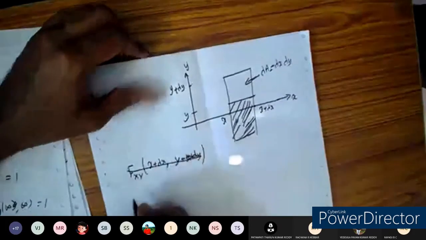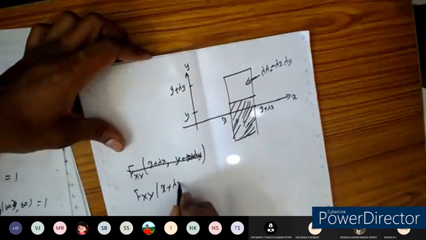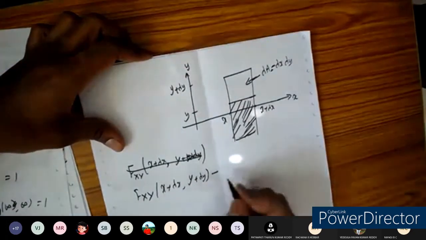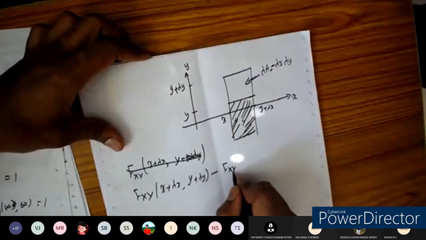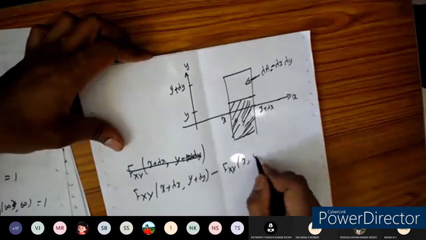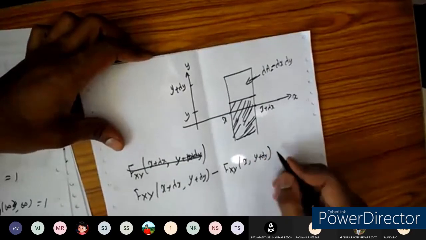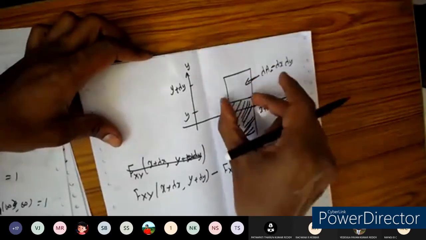Just follow the expression, and I'll explain it later. So x plus dx and y plus dy. In order to find this, f(x, y) of x comma y plus dy, they are finding y plus dy here. This will give the area of this part.